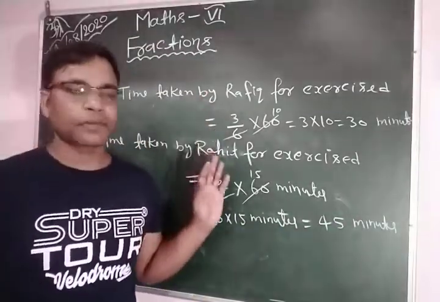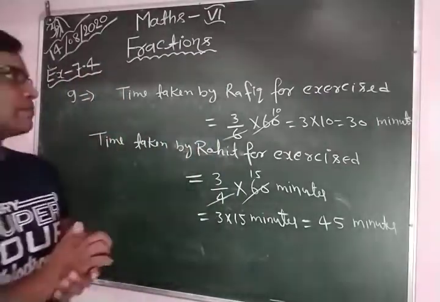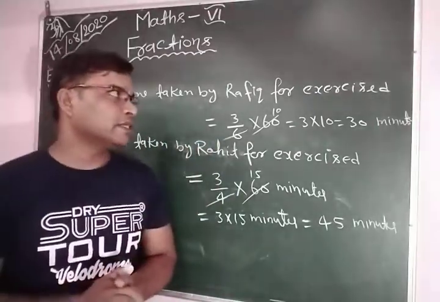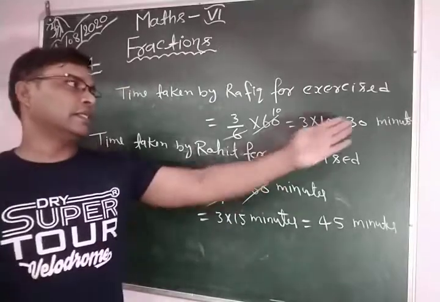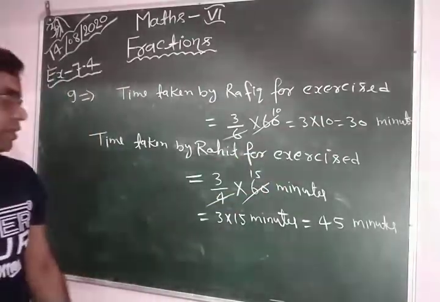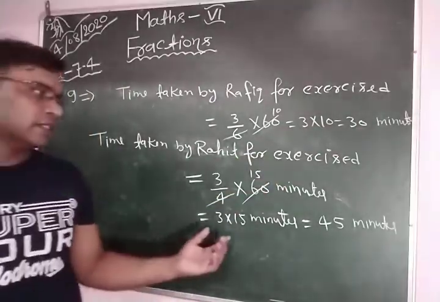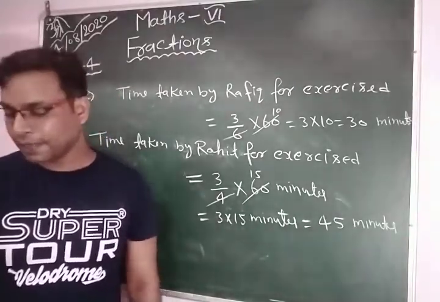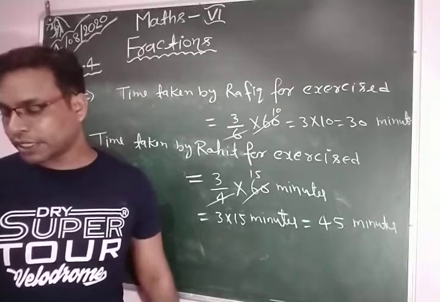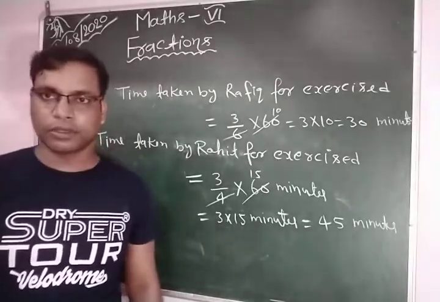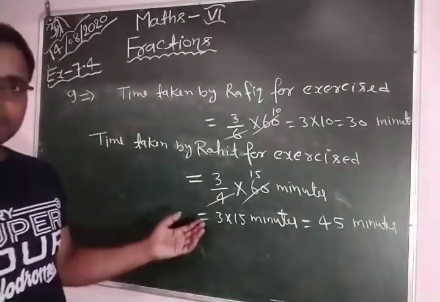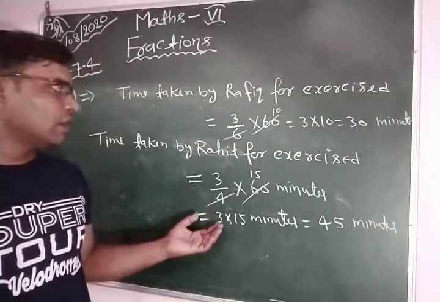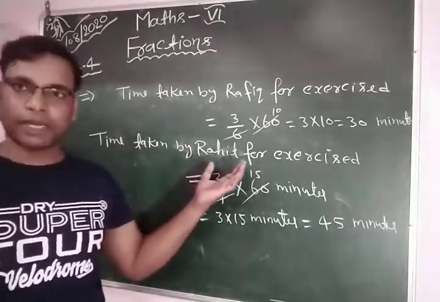Here you can see the time taken by Rafiq for exercise is 30 minutes, and the time taken by Rohit for exercise is 45 minutes. Okay, so we need to find who exercised for a longer time. So you can see here Rohit exercised for a longer time.